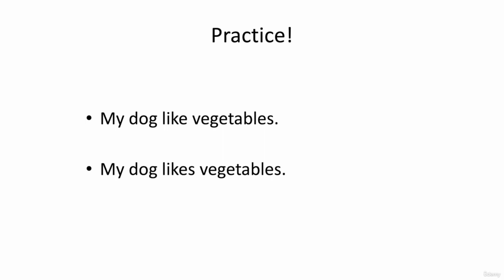My dog likes vegetables. The second sentence is correct. Dog is an animal, which is replaced by the pronoun it, and therefore the verb like requires an S at the end.